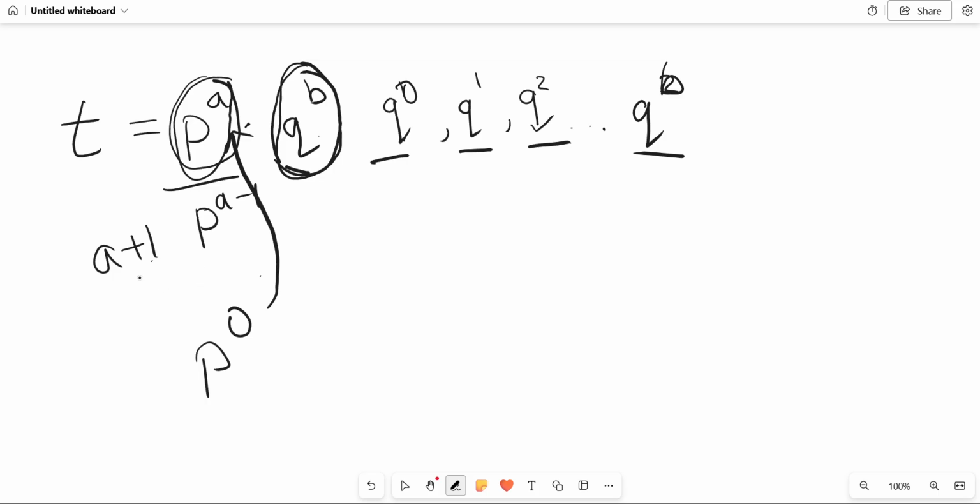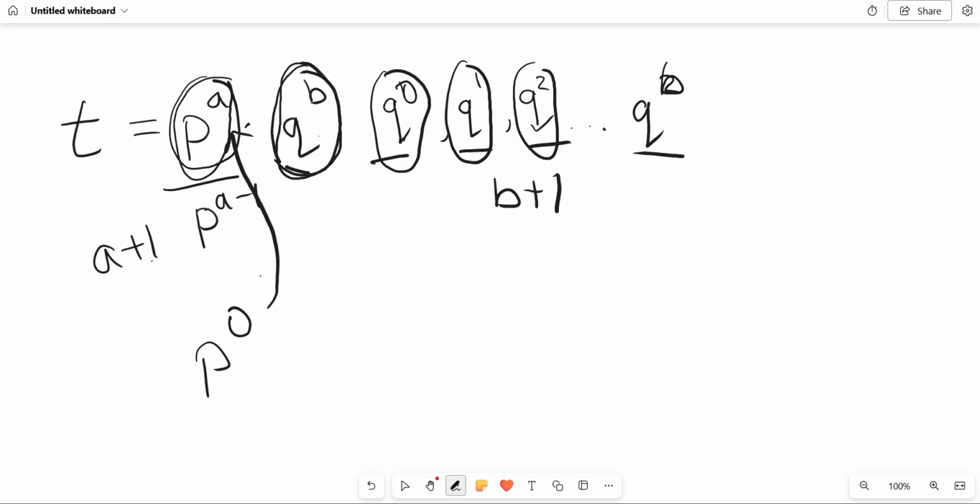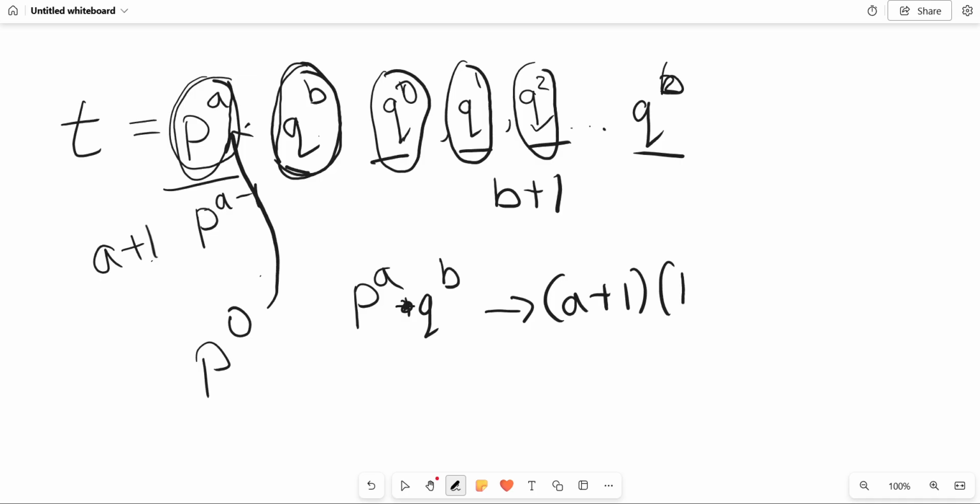Every single one of these a plus 1 factors can be multiplied by every single one of these to get a new factor, and there are going to be b plus 1 of those. So in the end, the number of factors for p to the a times q to the b is just going to be a plus 1 times b plus 1.